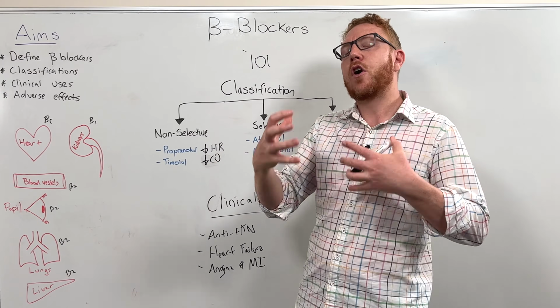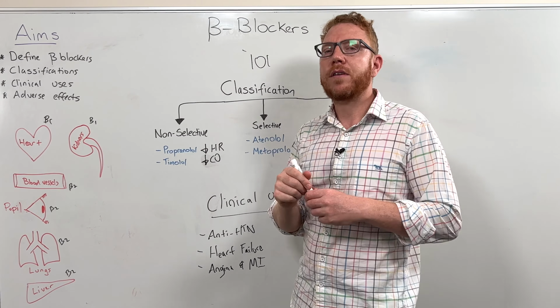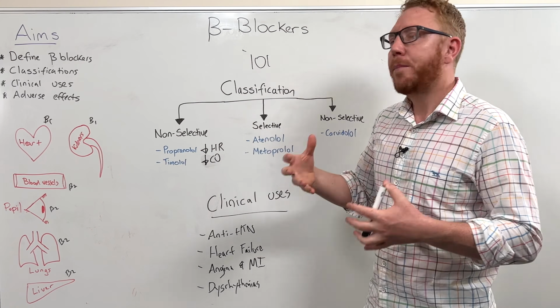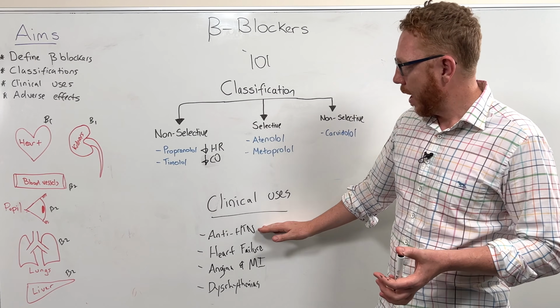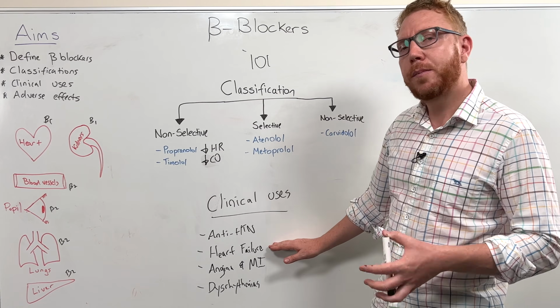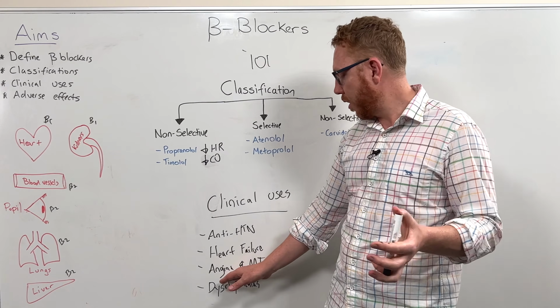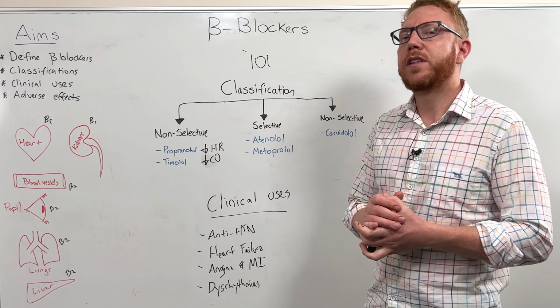By regulating the conductivity through the heart, it may also be used for dysrhythmias. So just to reiterate, because of its profound effect at the heart, propranolol is quite a useful medication for anti-hypertension, heart failure, particularly in stable forms of heart failure, angina, so stable angina, or after or during an MI, or in certain cases of dysrhythmia.